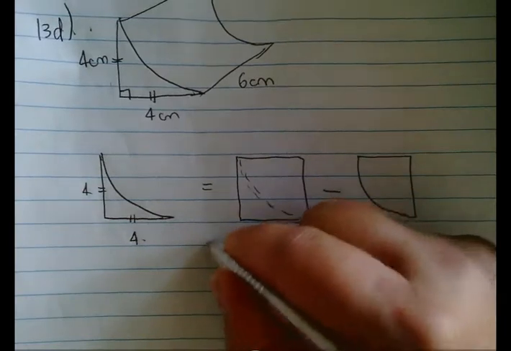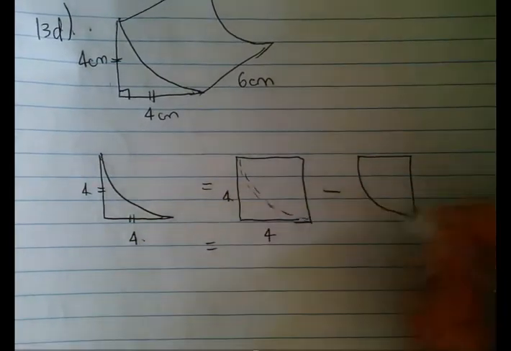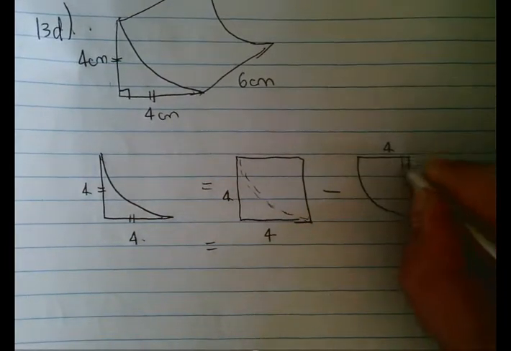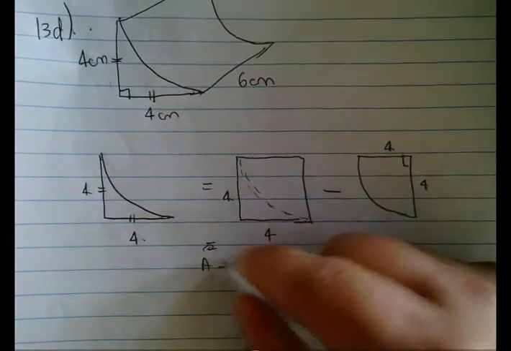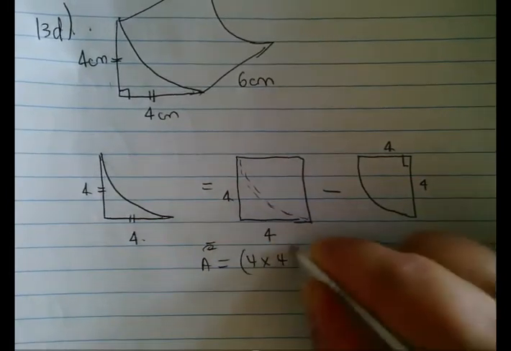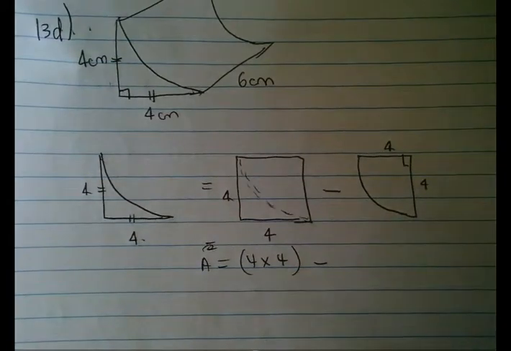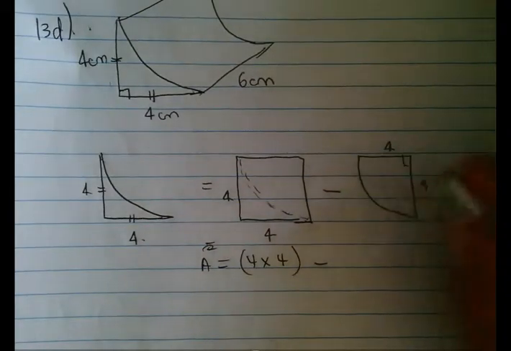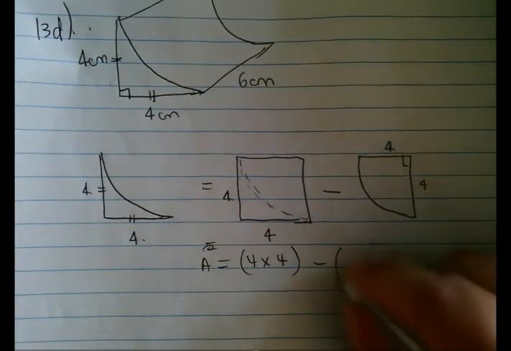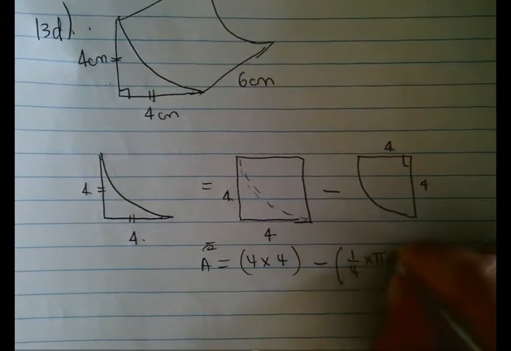All right, so what's the area of your square? The area of this is 4 times 4 minus, how do I do the area of a quadrant? This is just a quarter of a circle. A quarter of pi r squared.